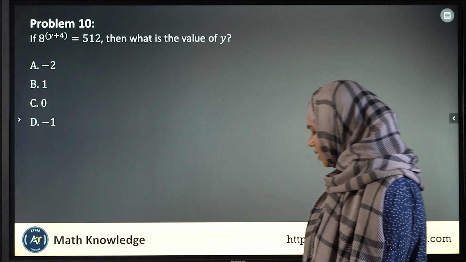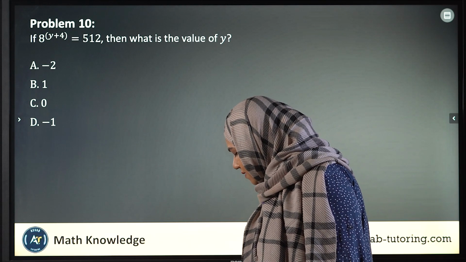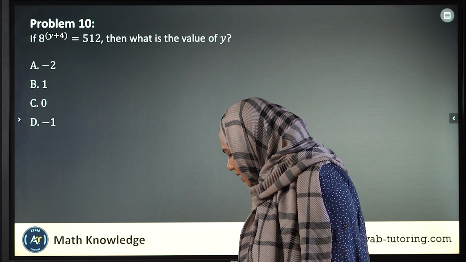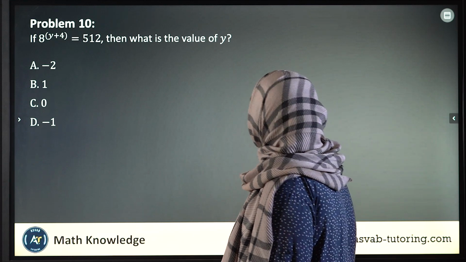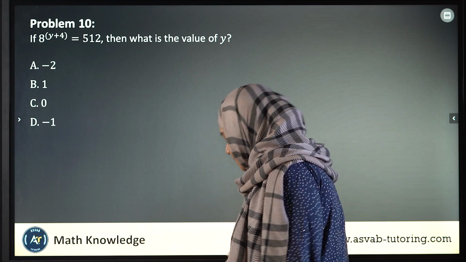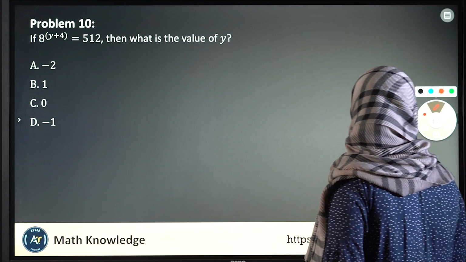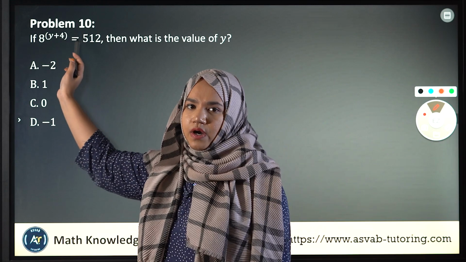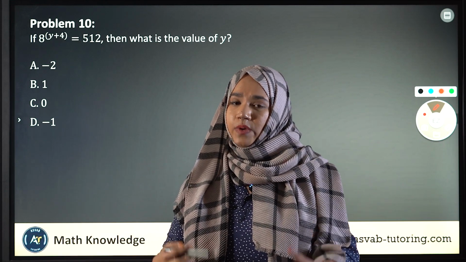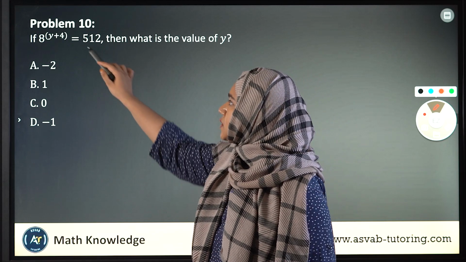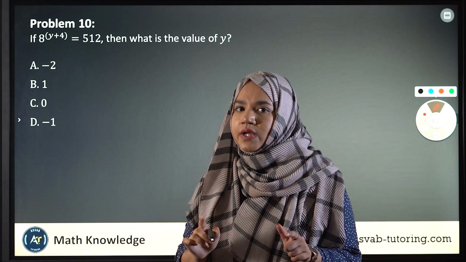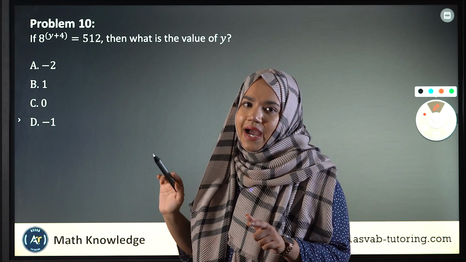If 8 to the power y plus 4 equals 5 over 2, in that regard, what do we have for the value for y, right? So first of all, what we do here is, because we have something as a power, in questions like this, what we try to figure out is if there's another number like this, we will also try to figure out what this is as a power.